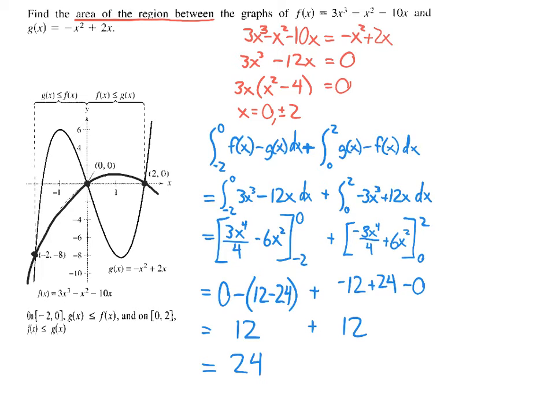Well, here it's f of x minus g of x, and g of x minus f of x. But if we put in the variables, these are not going to be odd functions. Well, let's see. If I plug in a negative in 3x cubed minus 12x, I get a negative 3x cubed plus 12x.